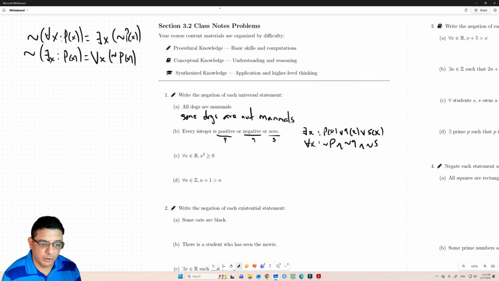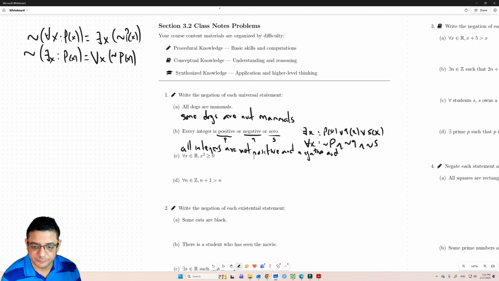So we'll say all integers are not positive and negative and zero, which kind of makes sense that they're not all those things at the same time. Okay.